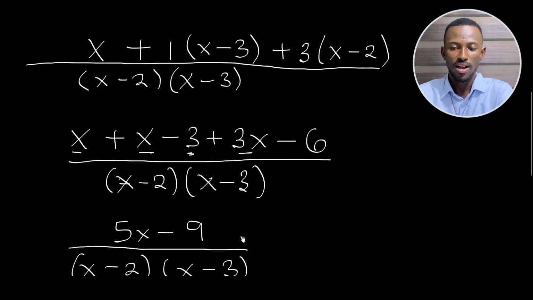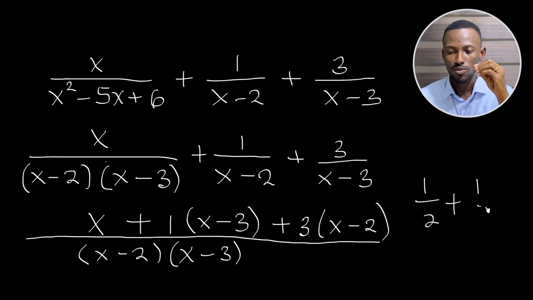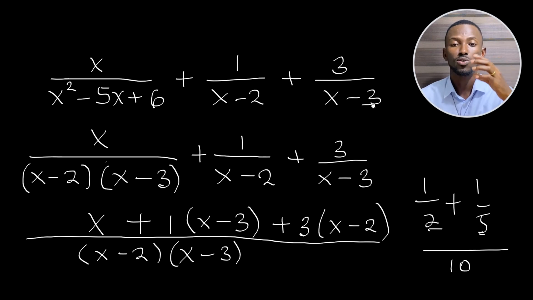So as a recap, let's go over again. For every fraction, we always need to find the least common multiple. For example, if you're having 1 over 2 plus 1 over 5, you know the least common multiple is 10. That's what we know. So for this one also, we need to find the least common multiple of the denominators.